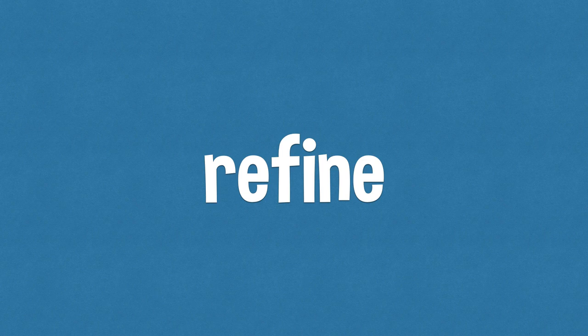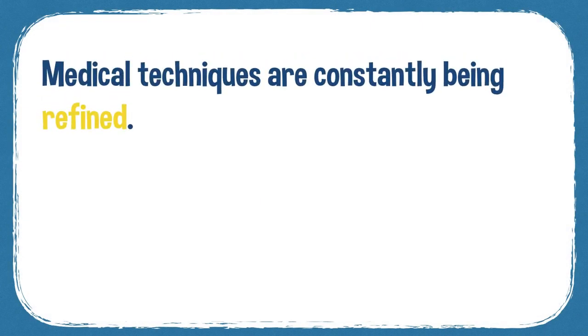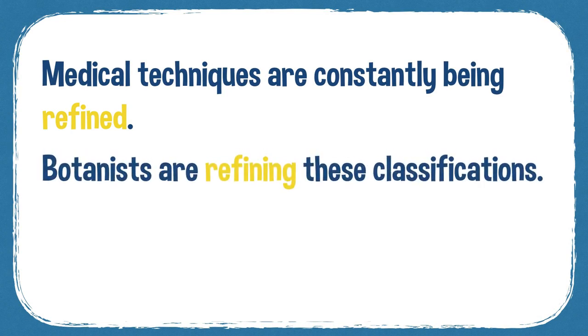So when you refine something, you make things better, but with small changes. So for example, medical techniques are constantly being refined. Botanists are refining these classifications. They're making small changes to the classifications.